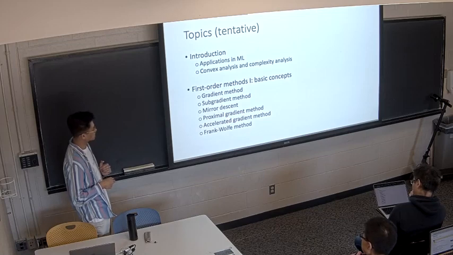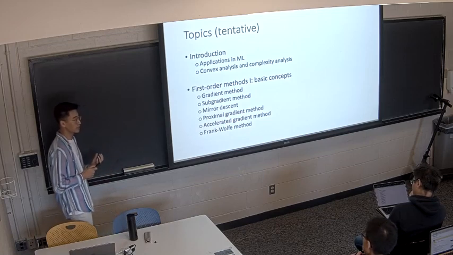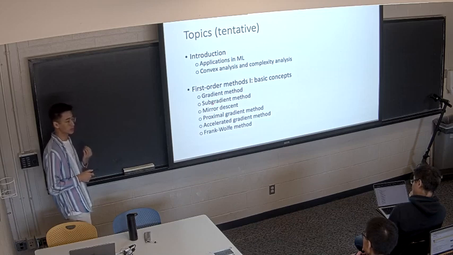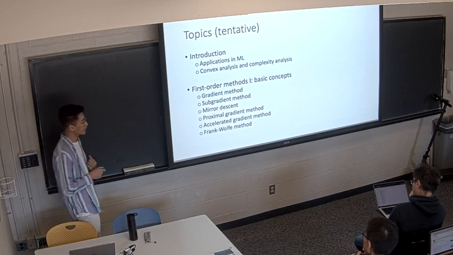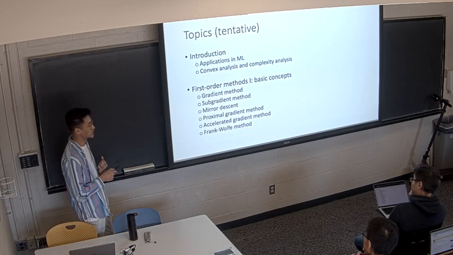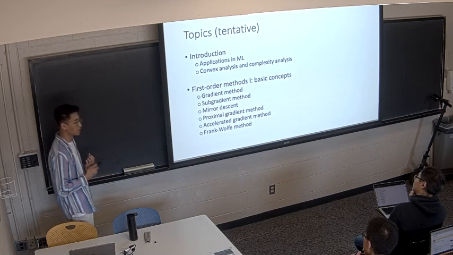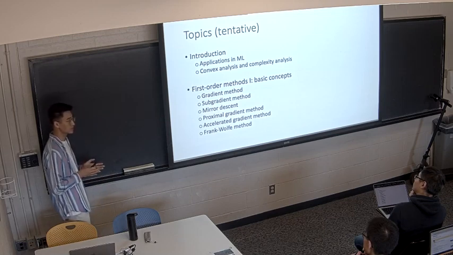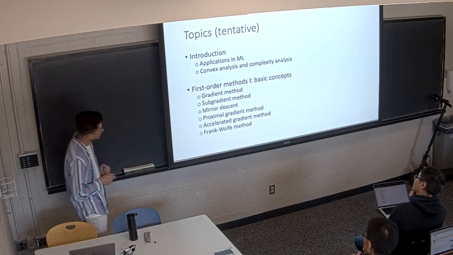Acceleration was one of the state-of-the-art algorithms used by machine learning people because this is the optimal result in convex smooth optimization. Compared with gradient method, which is suboptimal, this is optimal. So basically, this is faster than gradient method. And we will talk about what optimality means in today's lecture.